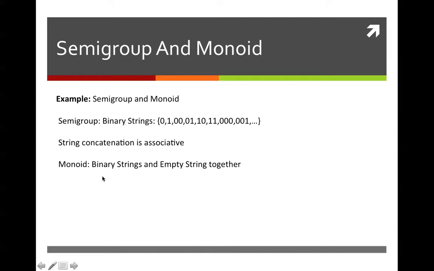And so monoid would be the same string set here, except we also add to it the empty string. And that gives us the identity, because then you take the empty string with any one of these strings and you get that string. And that's kind of like the identity. Something, the operation plus identity is always that something.